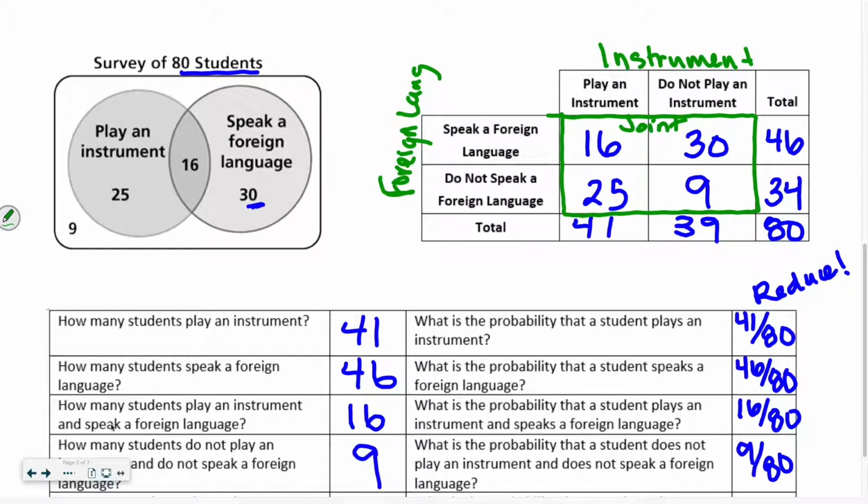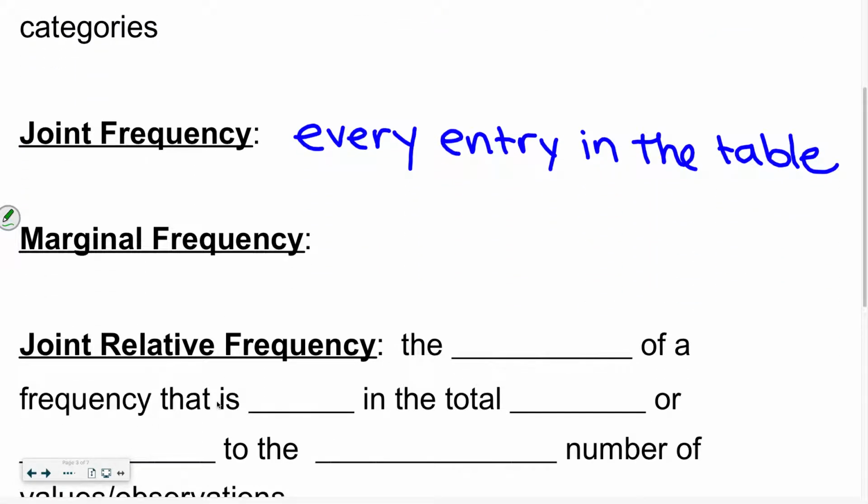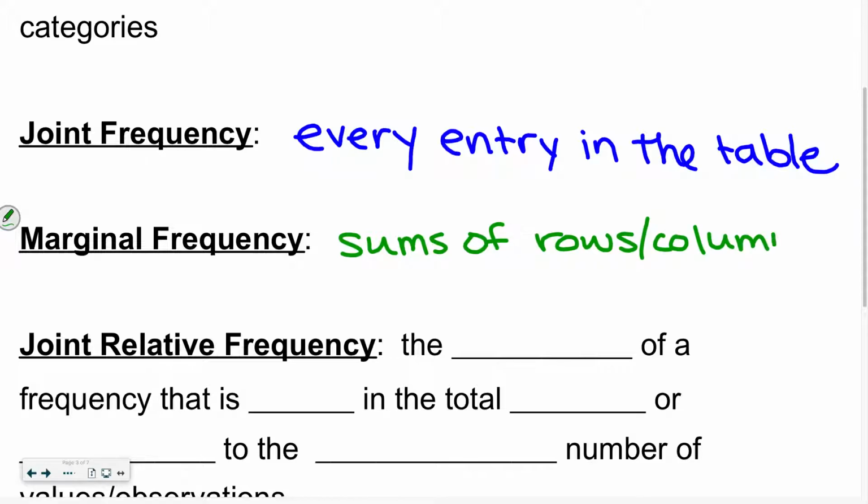Marginal frequencies are the sums of your rows and your columns. And think about the word marginal. What does marginal mean? On the margins, on the outside, right?